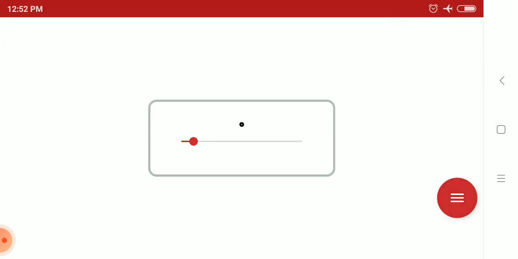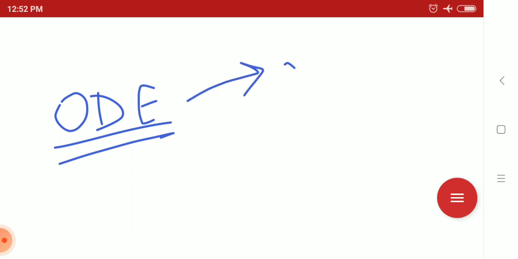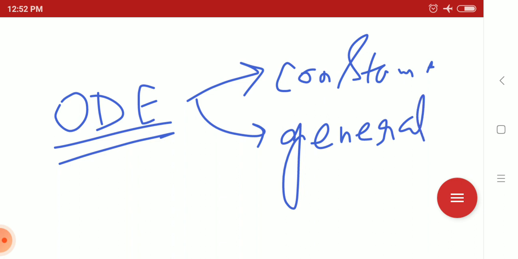Because in mathematical physics or in mathematics we have all done ordinary differential equations. Whenever we solve an ordinary differential equation, we have to calculate lots of arbitrary constants, and then we get the general solution.